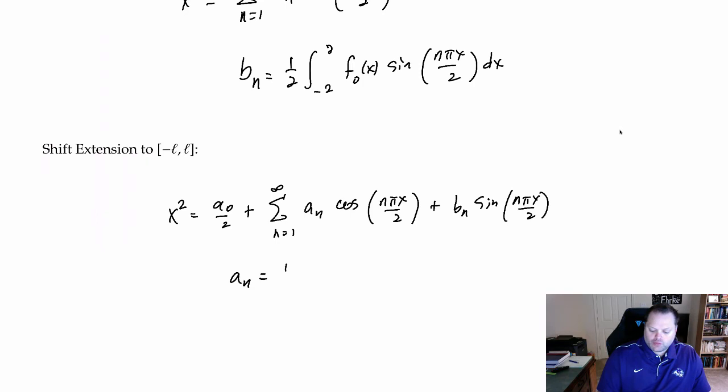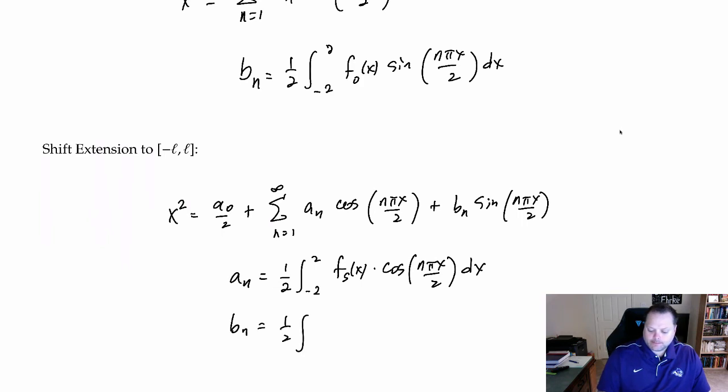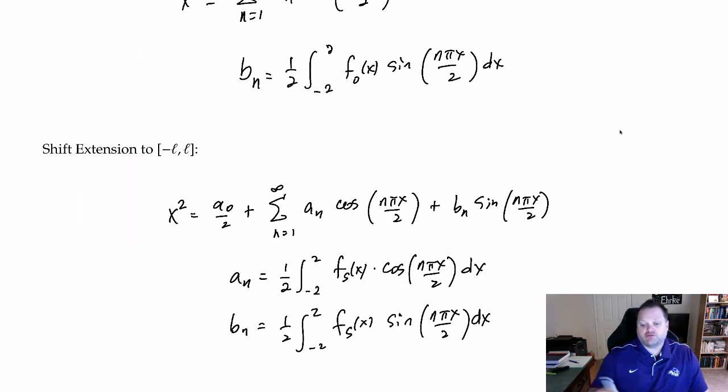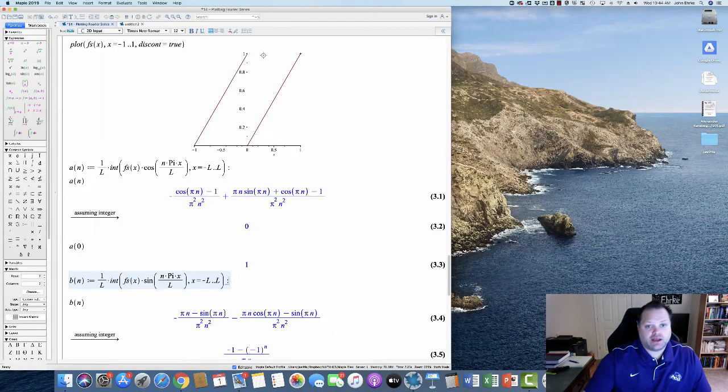So it would be 1 over 2 integral from -2 to 2 of the shift extension function times cosine, and the shift extension function times sine. And we can come back and fill in these coefficients here in just a second. Okay, so let's take a look at it in Maple.